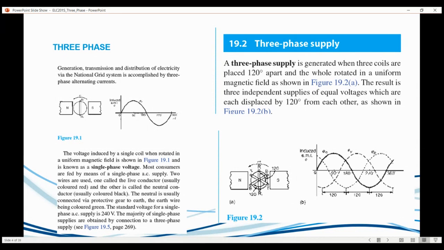So single phase has its limitations. I was thinking of making the lecture interesting by talking about the limitations, but I don't want to extend the whole lecture on how 3-phase got born. What is 3-phase essentially? It's basically 3 single phases, but the coils are displaced 120 degrees apart.